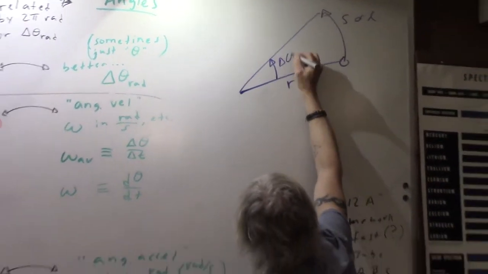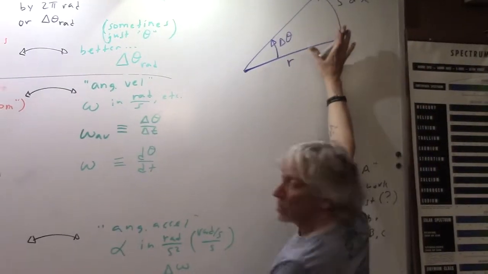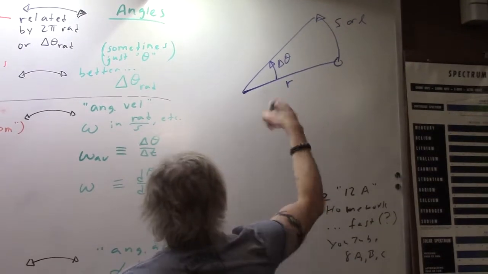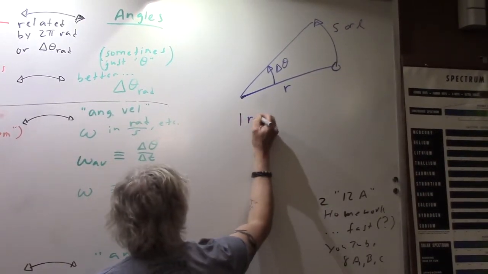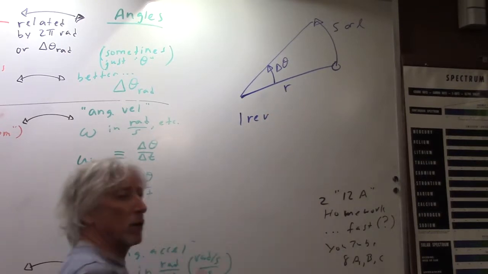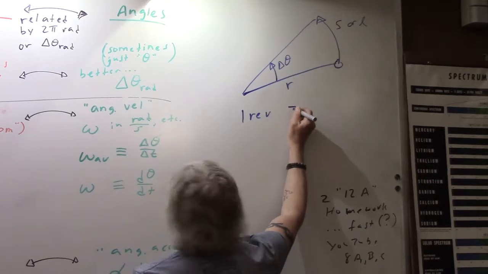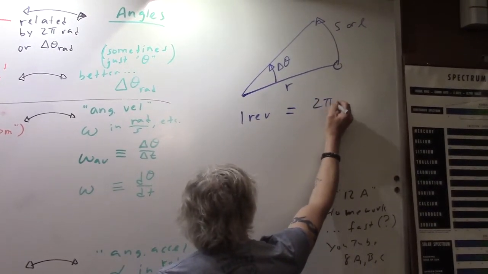This is delta theta. And so we're going to use this connection a lot. If I go around once, I'm going to have one revolution. Now watch out here, I'm going to fool you. Is equal to how many radians? 2 pi radians.